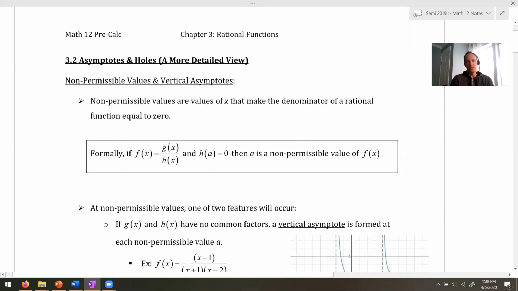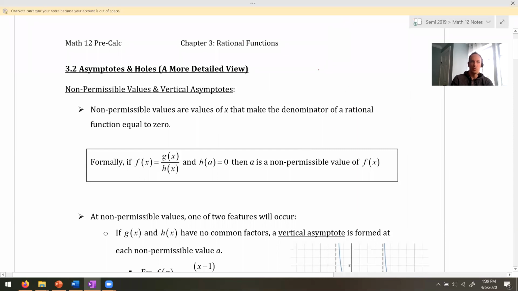So what we're going to start by saying is non-permissible values, if you remember from grade 11, or I'm hoping you all learned that: values of x that make the denominator equal to 0. Those are non-permissible values. In a formal way of speaking, if a rational function is defined as f of x equals g of x over h of x, any value a, if h of a equals 0, then a is a non-permissible value of f of x.